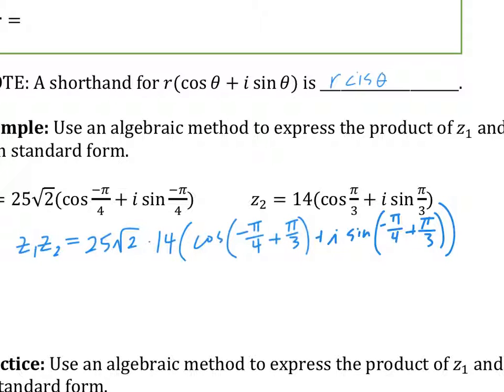Okay, so let's just calculate this. 350 root 2 cosine of negative pi over 4 plus pi over 3 is pi over 12?